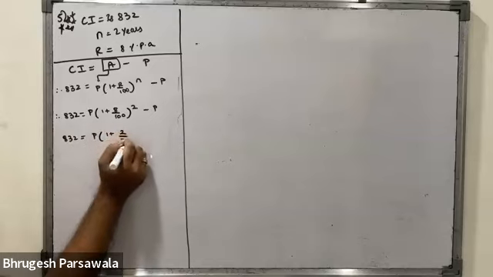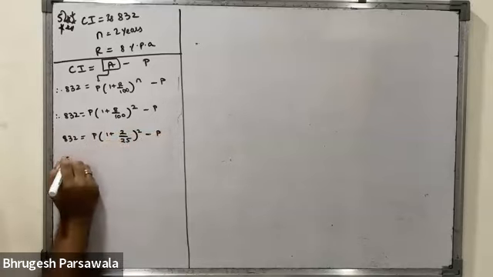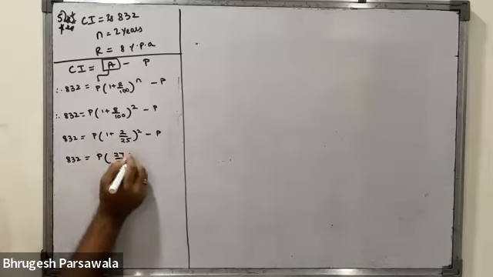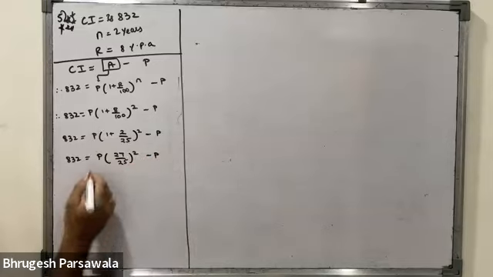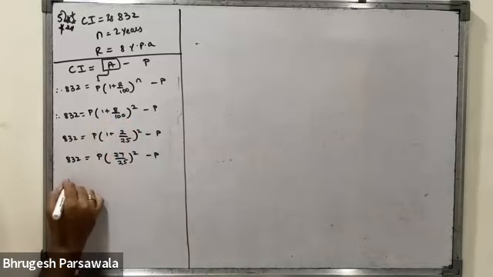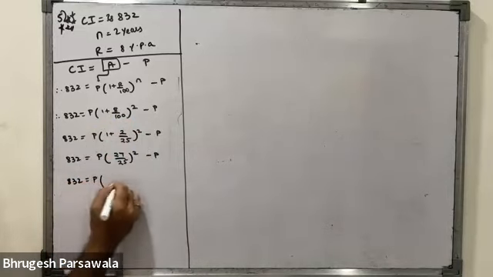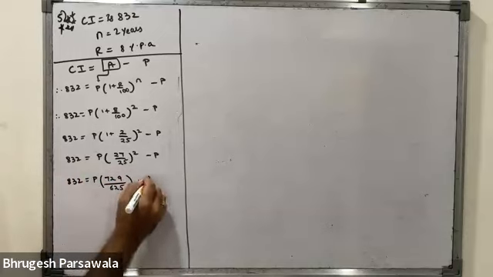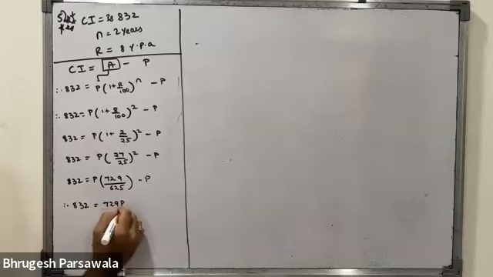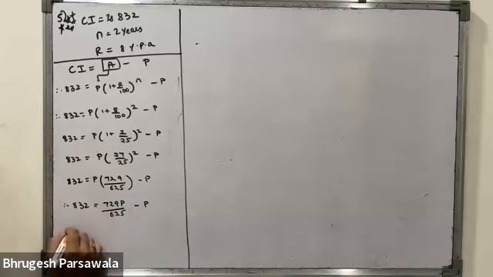4 से डिवाइड करो. 25 plus 2. सर आपने 4 से क्यों डिवाइड किया? 4 से डिवाइड होता है इसलिए. बेटा 27 स्क्वायर, 729. अच्छे से लिखता हूँ. 729 P upon 625 minus P. बेटा अभी क्या करना चाहिए मुझे?